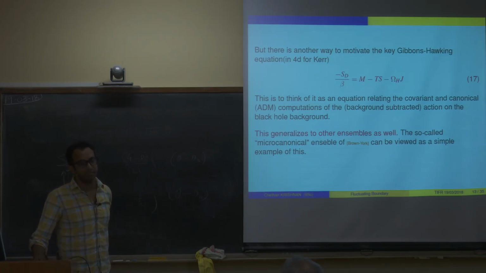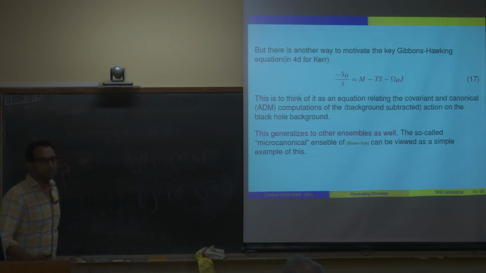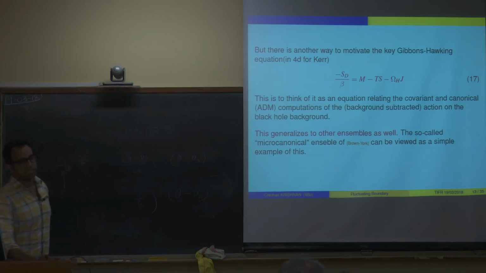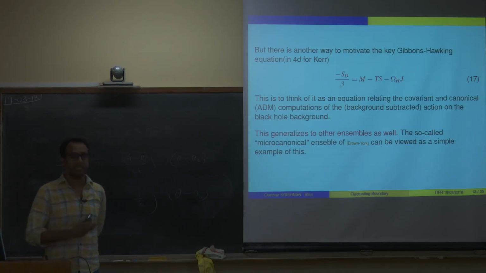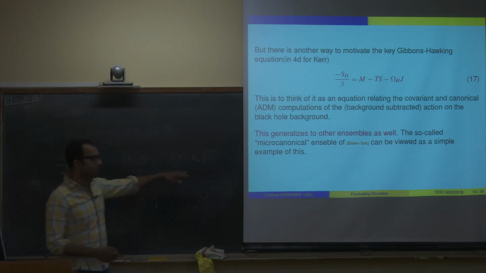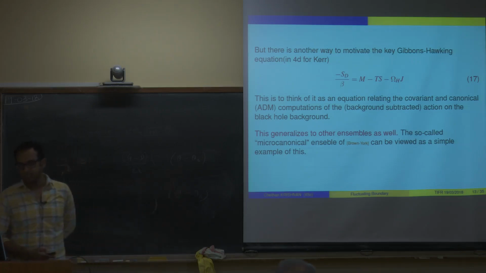It's kind of a trial-and-error process, but even with theta naught, the variation works. That's the non-trivial check we have: it has to give a good variational problem and the total action has to be finite.